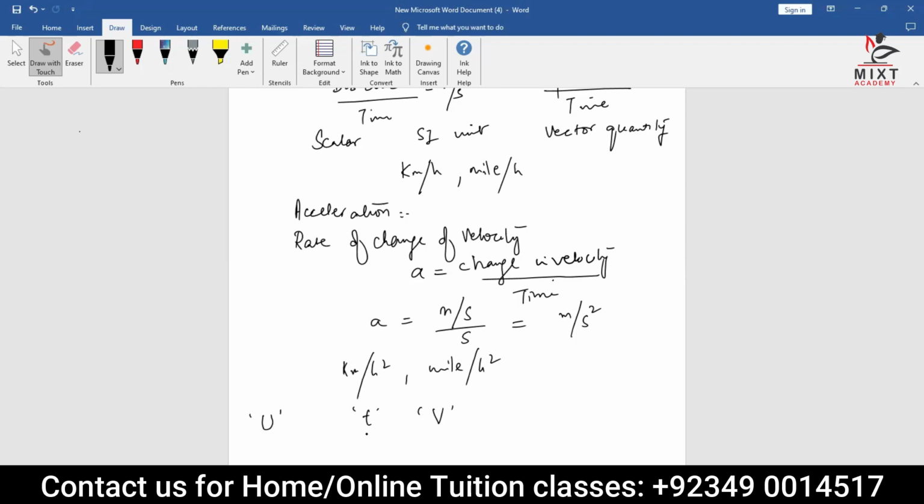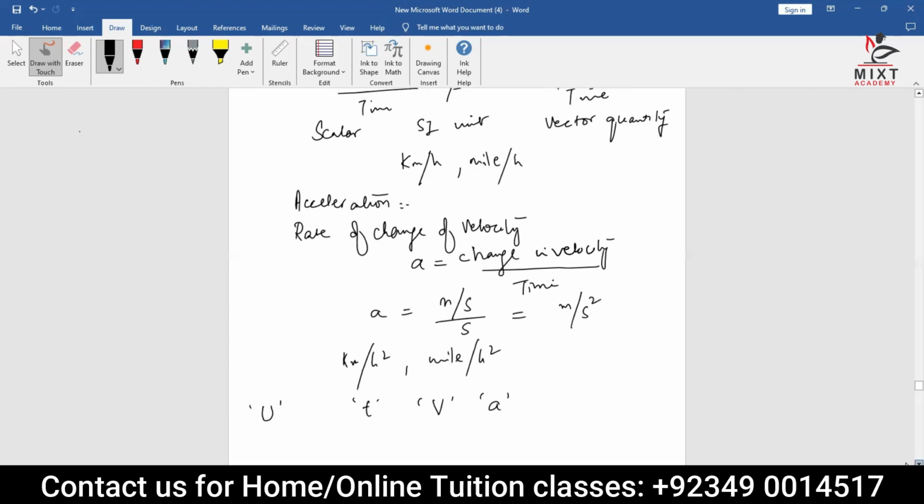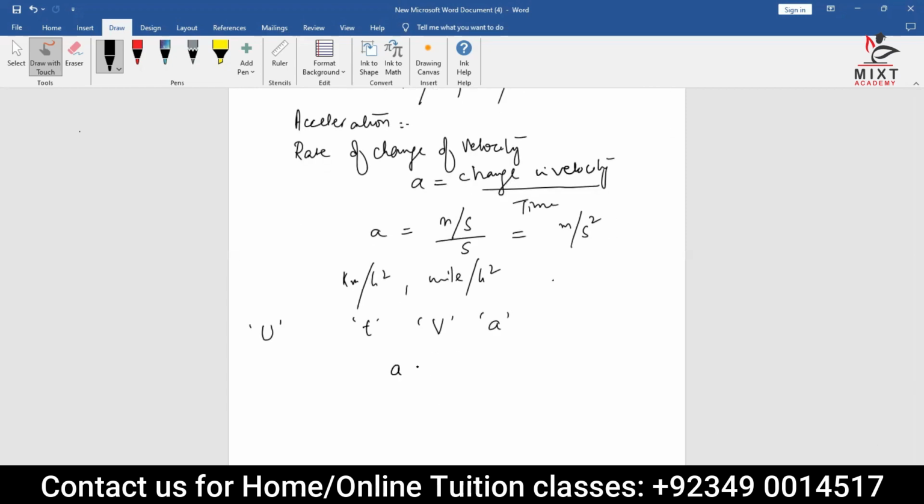So the acceleration a of a body can be given by a is equal to the final velocity minus the initial velocity, divided by time.